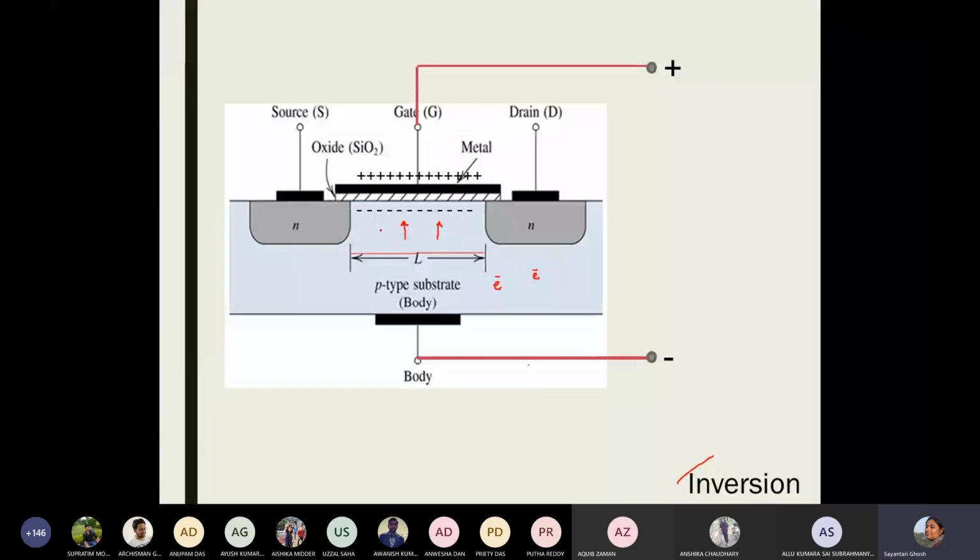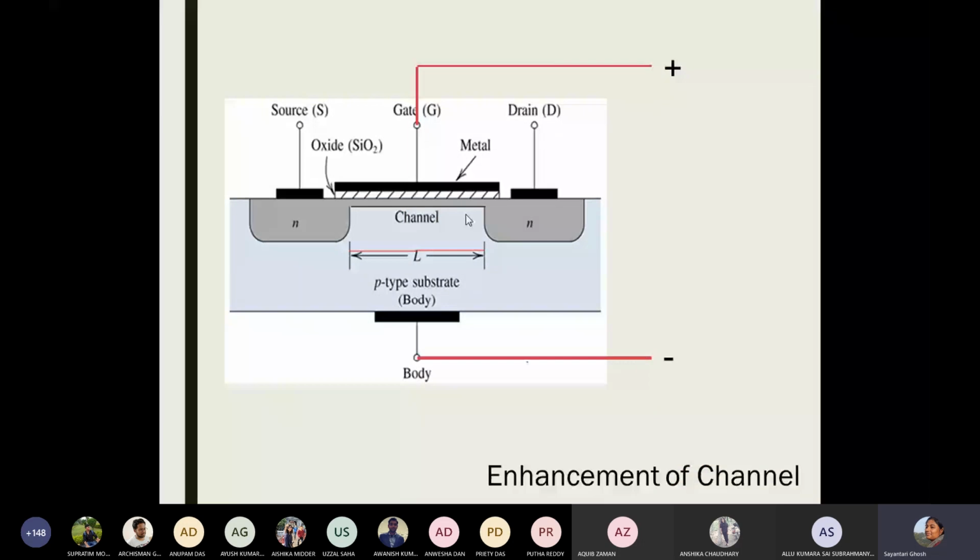So a small layer near this top surface of this substrate, where the insulator is coated on top, will have a huge crowding of electrons, and gradually that portion will start behaving like an N-type material. Though it's a p-type substrate, constant gaining of electrons and constant loss of holes will make that portion behave like an N-type material, and gradually a channel will open up between the source and the drain.